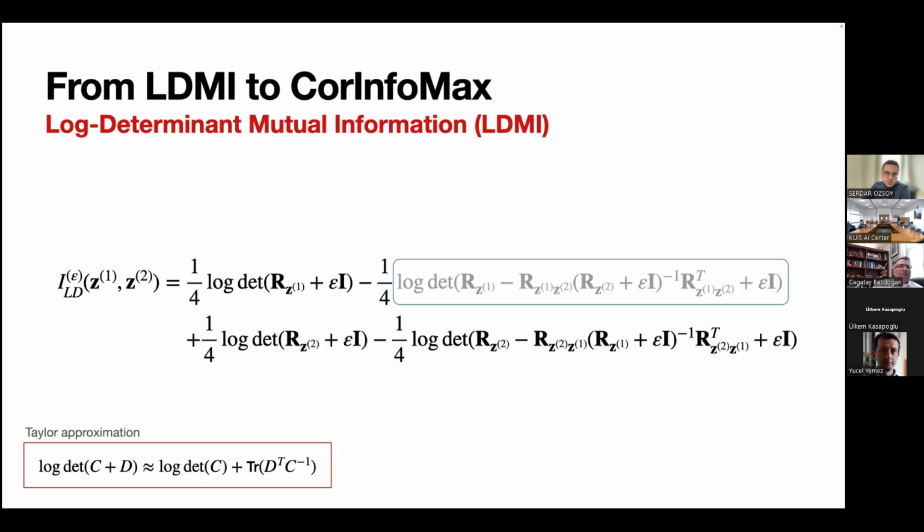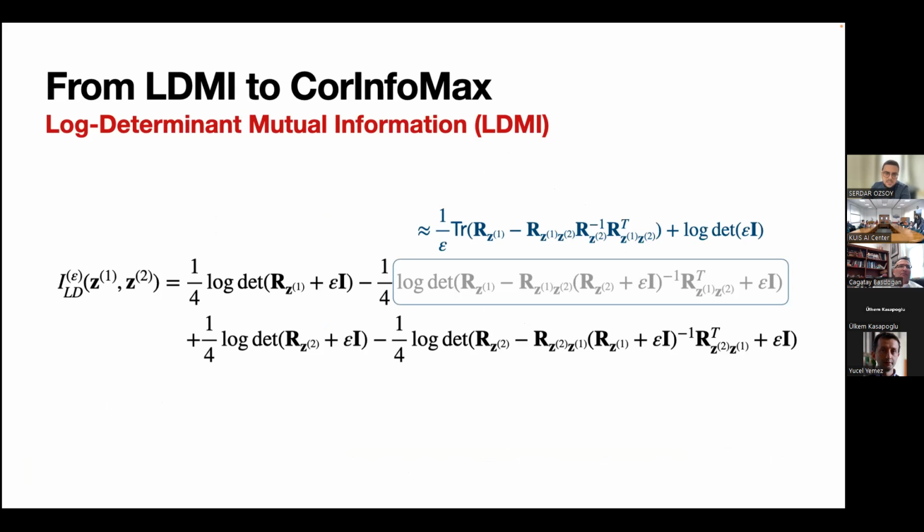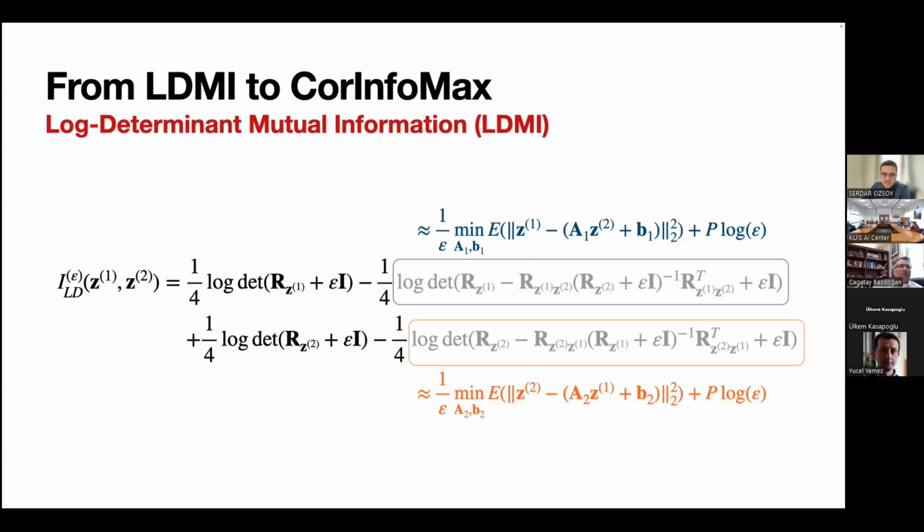First, we approximate with a first-order Taylor series, and by using this expansion we obtain the trace of the error covariance for estimating Z1 linearly from Z2, based on the mean square error criterion. We can write it as a result of the optimization, as the blue part, and doing the same for the latter term, we obtain this.